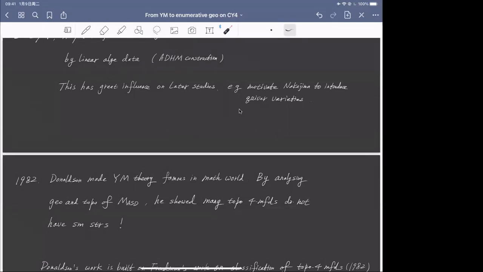By using the geometry of this moduli space, he showed that many topological four-manifolds do not have smooth structures. This is a result which Atiyah said stunned the mathematical world, because this phenomenon only happens in 4 dimensions. In all other dimensions, any topological structure admits a smooth structure, but this is not true in 4 dimensions. Okay.